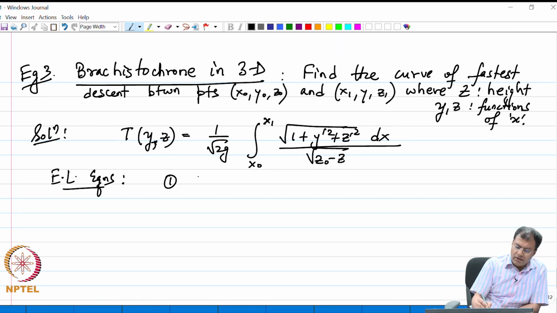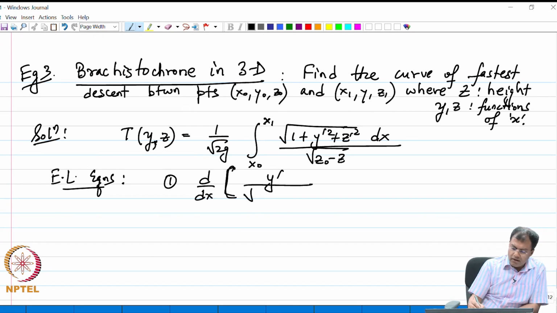So we have the following system of equations to solve. The first is for y. We see that this integrand is only a function of y prime, so our Euler Lagrange equation is relatively simple, of this form: y prime divided by square root of 1 plus y prime square plus z prime square, times square root of z naught minus z, right.